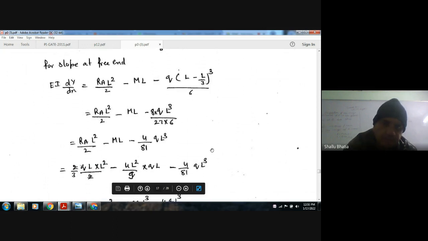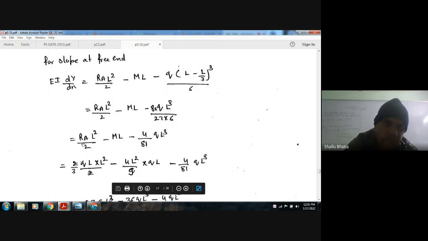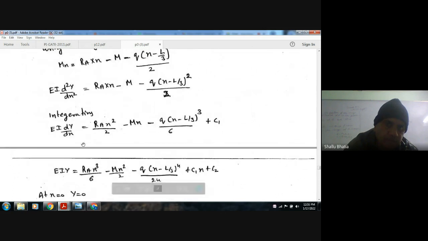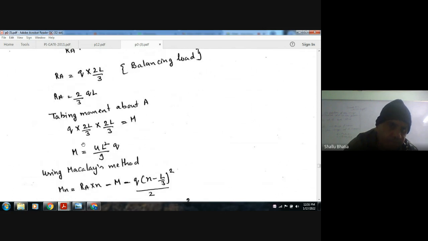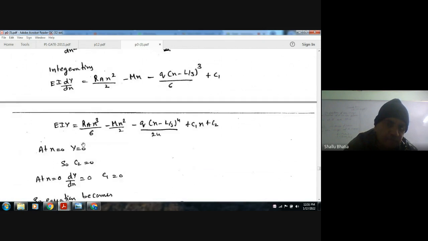Okay. So now put in the value of RA, which is found. RA is 2 by 3 QL and M is 4L squared Q by 9.